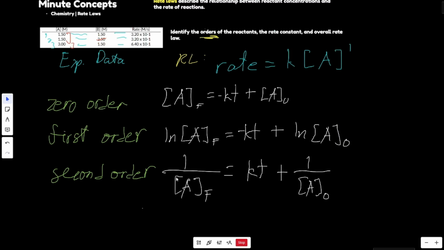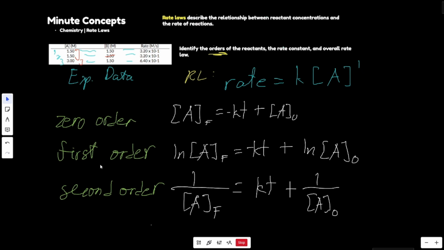Okay, so now what do we do with these? Well, every reaction has an overall order, and the overall order will determine which rate law we're actually going to be using, which integrated rate law we would use.